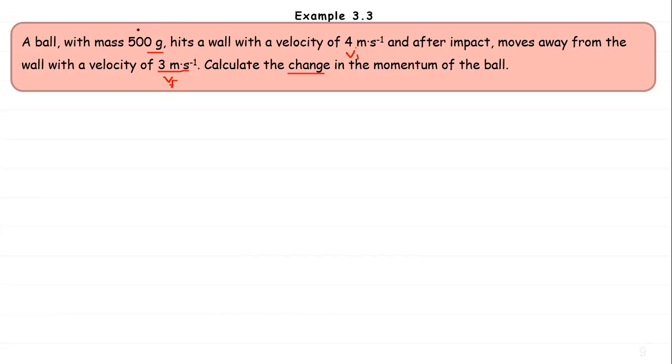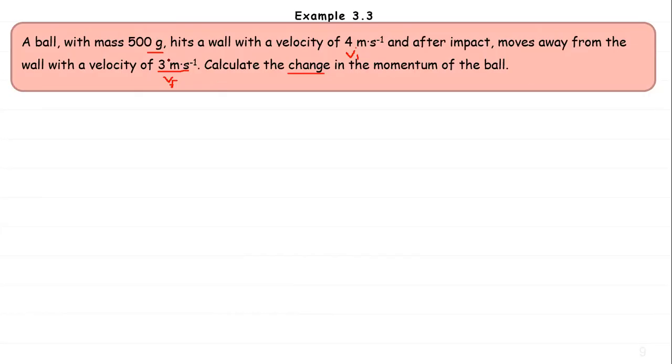Number one, the mass has been given in grams, so I am forced to convert it to kilograms because the mass in that formula has to be substituted in kilograms. Then the velocity is fine, which is the initial velocity.